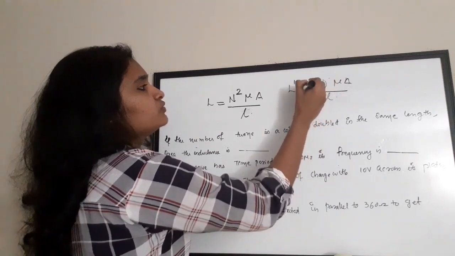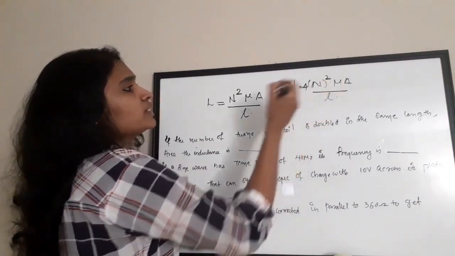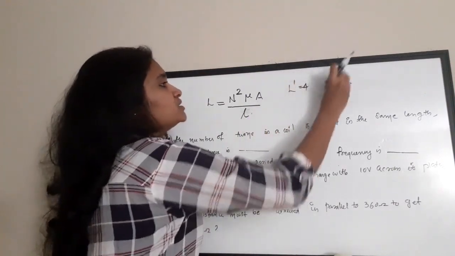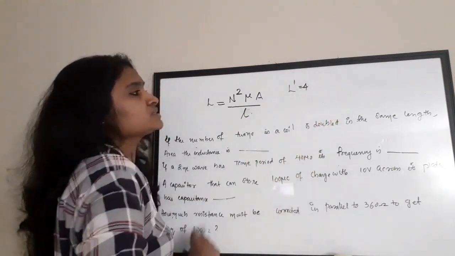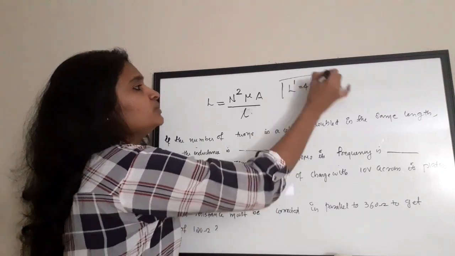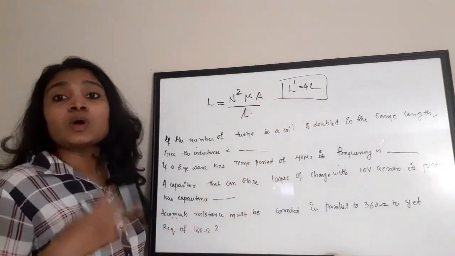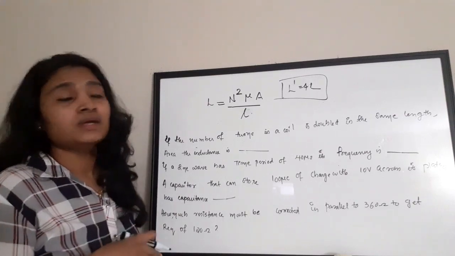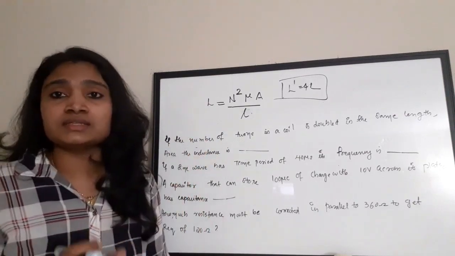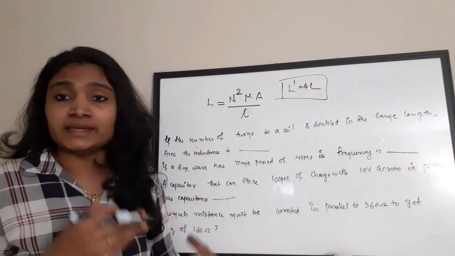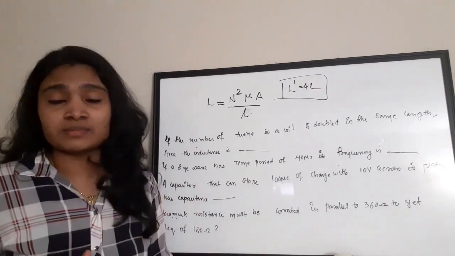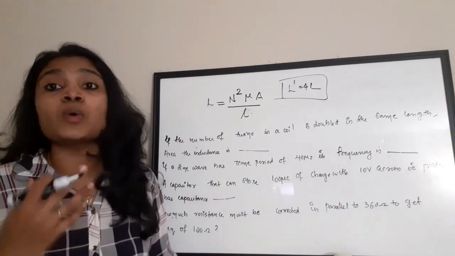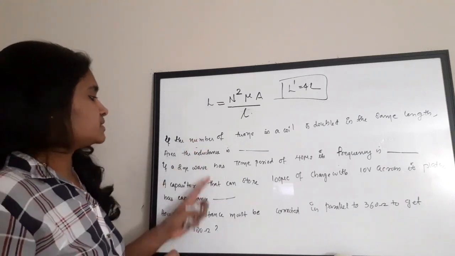You can write 4 times N square mu A by l, or L dash is equal to 4 times L. So it will get quadrupled, or it will be 4 times the previous value. That is, if the number of turns is doubled, then the inductance increases by 4 times. So the answer is that it has to quadruple.